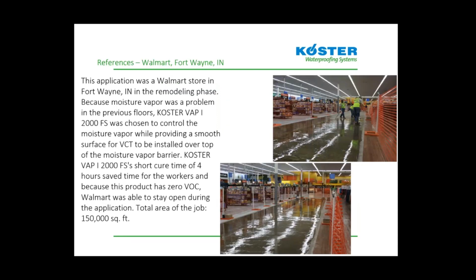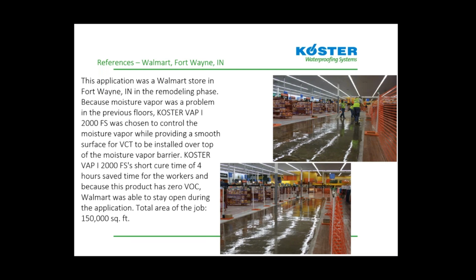So we have a couple of reference projects here. Obviously, this is a very basic remodel in a Walmart in Fort Wayne, Indiana. Moisture vapor had been a problem with previous floors, so VAP 2000 FS was selected to control the moisture vapor while providing an even surface for the VCT to be installed directly to the top of the moisture vapor barrier.